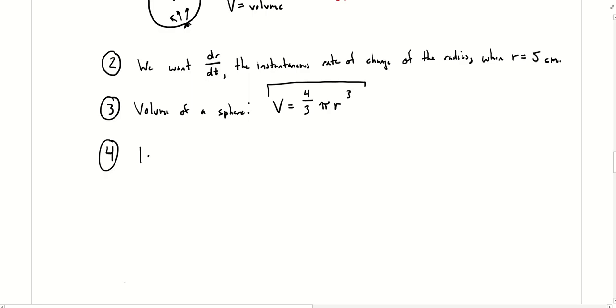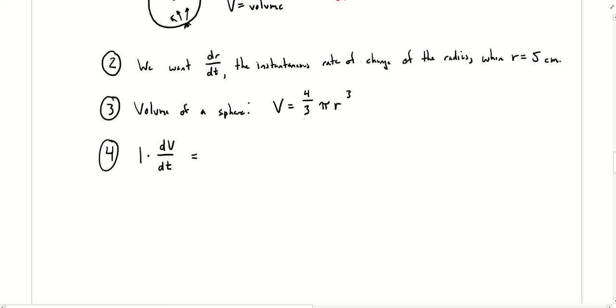But since volume is a function of time, and I'm implicitly differentiating with respect to time, I multiply that by the derivative of volume with respect to time. So this is just like what we were doing when we were taking the derivative of y and we multiplied it by y prime. It's just like that with implicit differentiation, except now it's volume instead of y. Okay, so there's my left-hand side.